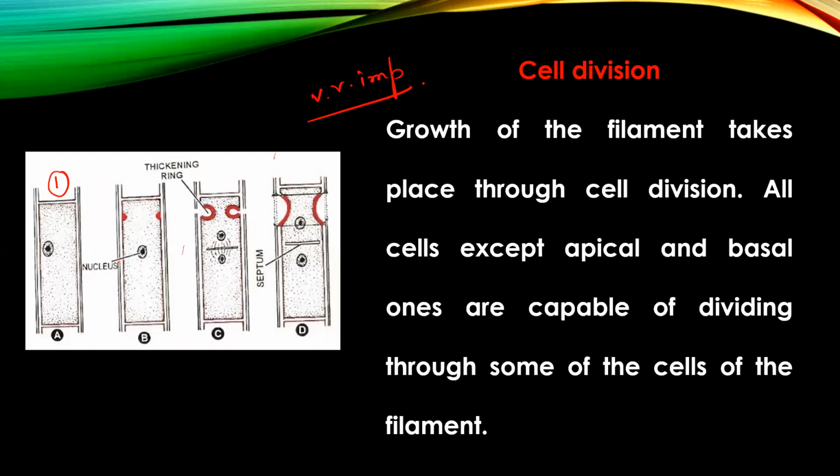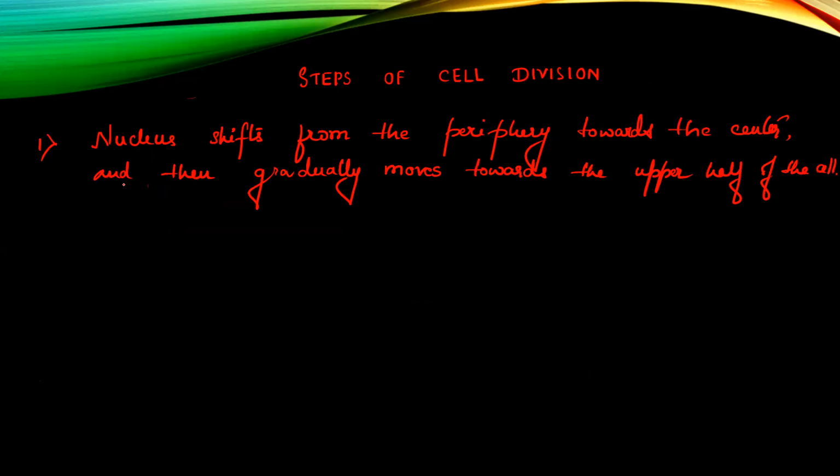If you divide this cell into two halves, see, the nucleus is not at the center. It is actually a little towards the upper side. And see here, ring-like thickenings start to develop from these two sides. See, this is the ring-like thickening. So if we write this, how should we write?